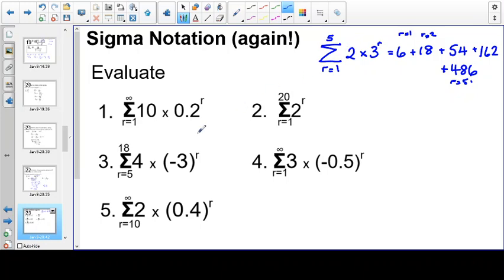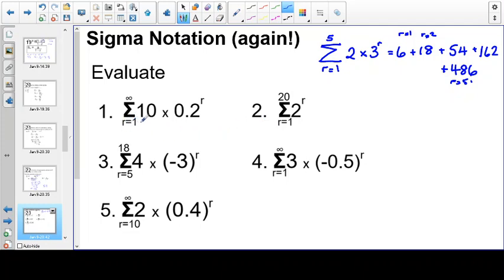Okay, right, so what you need to do, and we will mark these in the tutorial, is write down, I would say, the first 3 terms of each one. Some of them, as you can see, have got an infinity. That's because the common ratio is going to be between -1 and 1.